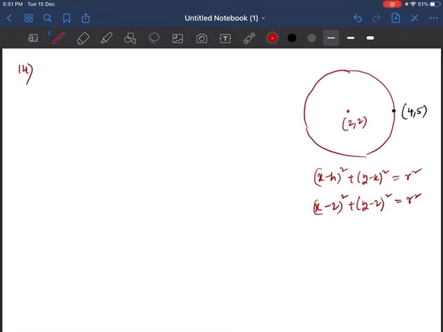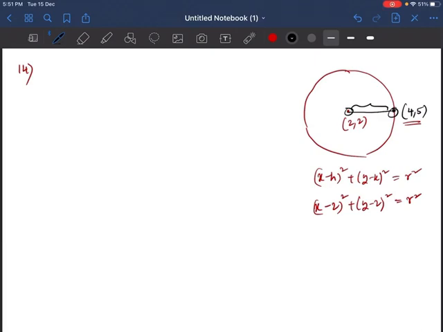You see, (4, 5) is a point through which the circle passes, and you already know the center. So the distance between the center and the point through which the circle passes is the radius. So all we have to do is apply the distance formula.